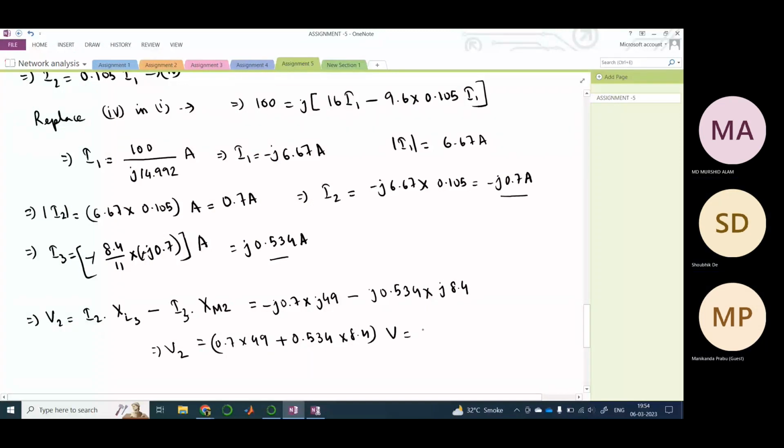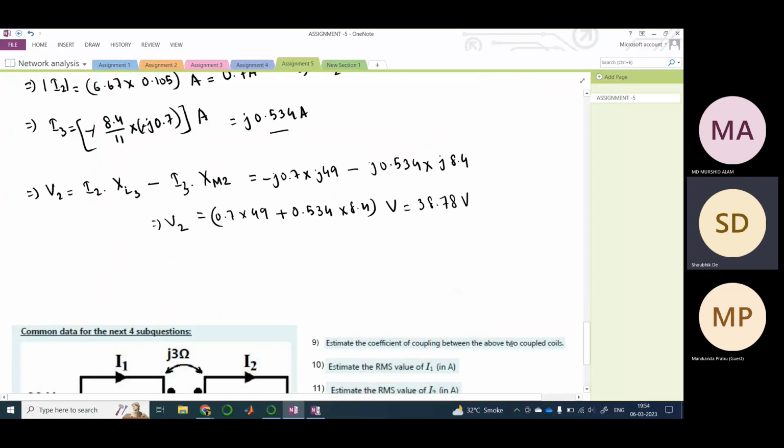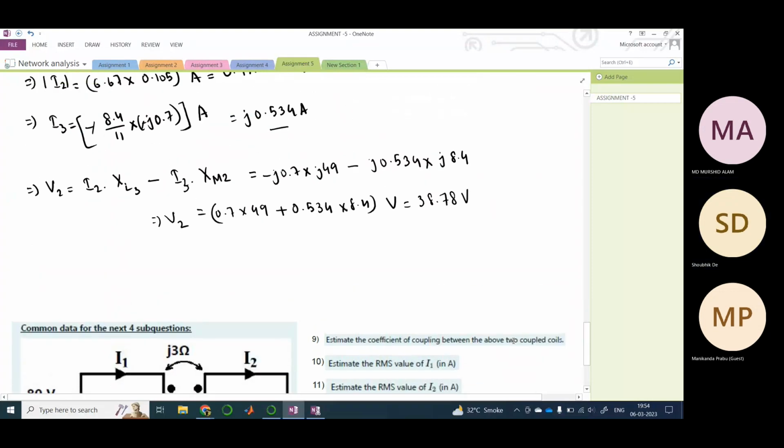Okay, 38.78 volts, right? So this is the magnitude. So the magnitude would also be the same, so there is no confusion here.